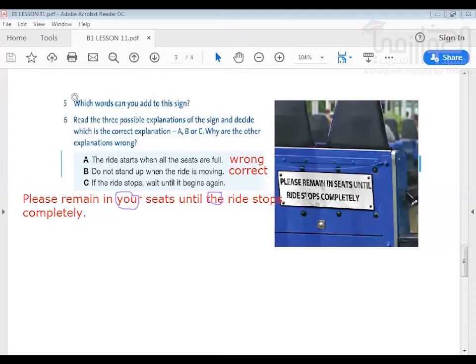There's nothing like that here. There's nothing like wait here, and then until it begins again, and then the ride starts moving again. No, this is also wrong. So only B is the correct answer, and the rest are wrong.